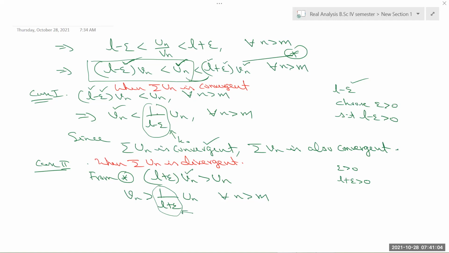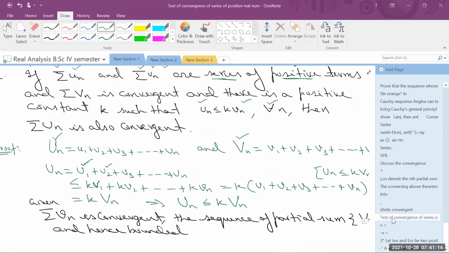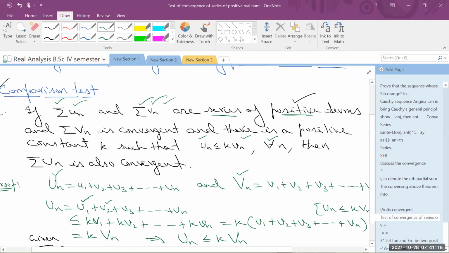Because earlier I have called this one k naught, you can call it some other constant, say h naught. So again, by this format, the comparison test, the first part is proved using this, because we have obtained this inequality.